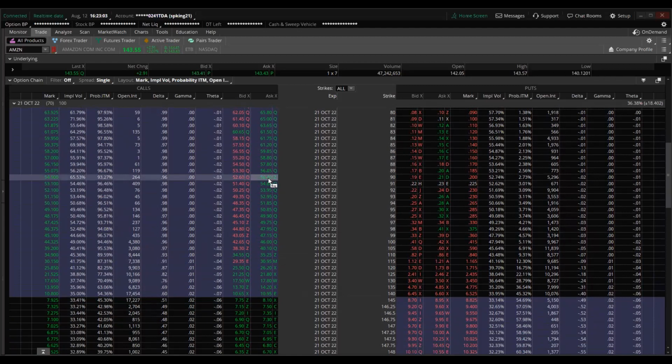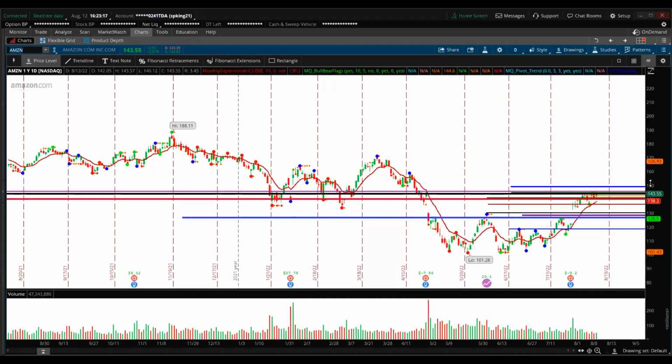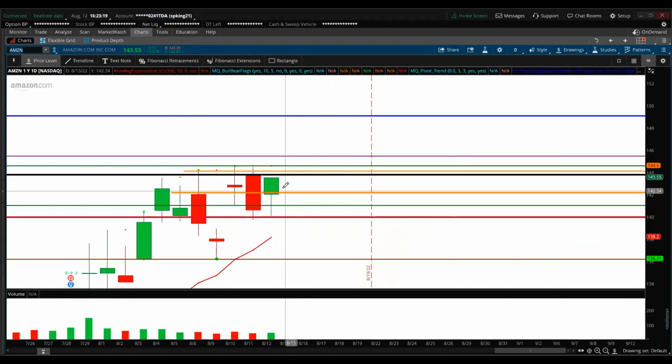So let's start with the deep in the money. Just for fun, let's look at if we did the 90. So right now, Amazon, let's go back to Amazon. Amazon closed today at 143.50.